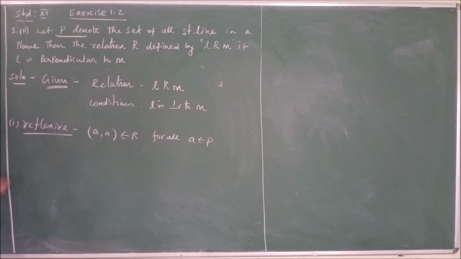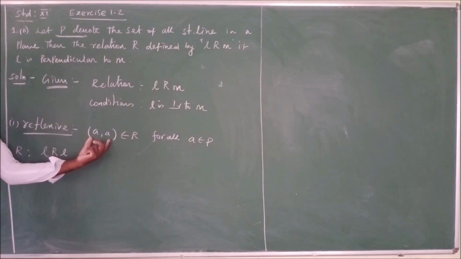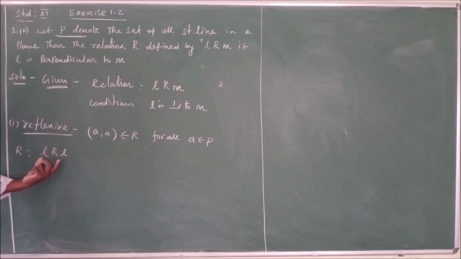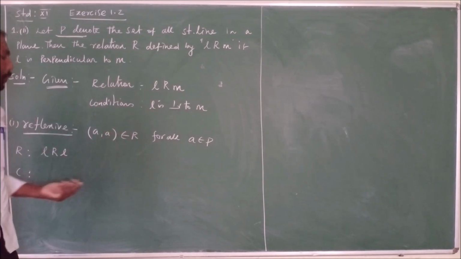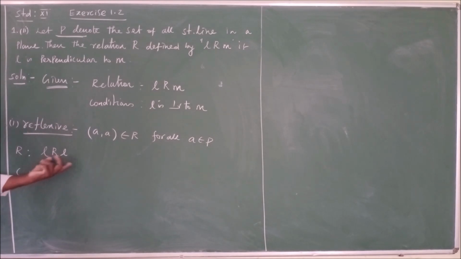So first, from the relation we get L related to L. Using this definition, A related to A, so the same is L related to L. What is the condition? L is perpendicular to L. Every straight line need not be perpendicular to itself.